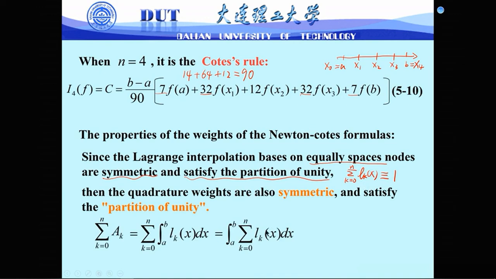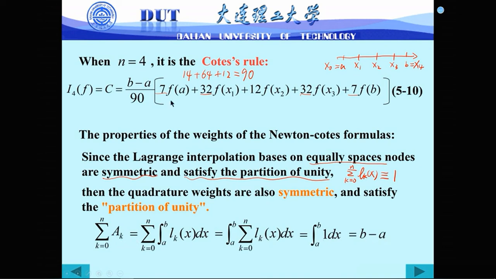So we can compute the summation first. And here, remember, we know the summation of lk equals 1. Then the integral of 1 is just b minus a. So the summation of all weights ak should be b minus a.